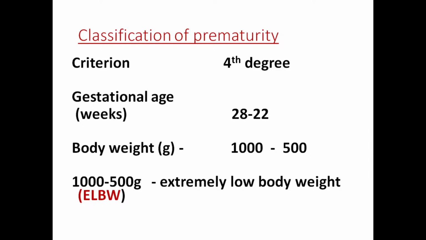They start an ICU, and this is the most severe degree of prematurity, the fourth degree, and by the weight classification, this newborn baby has extremely low body weight, ELBW, less than 1 kilo, from 500 to 1000, extremely low body weight.